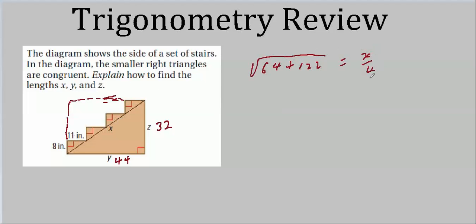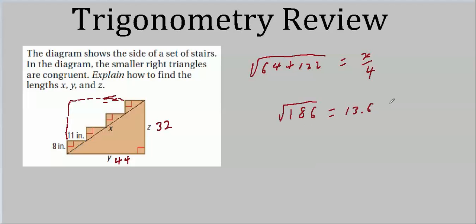If we take the square root, that gives us 1/4 of the total distance of x. And what is 64 and 122? According to my calculator, the square root here is equal to 13.6 inches.